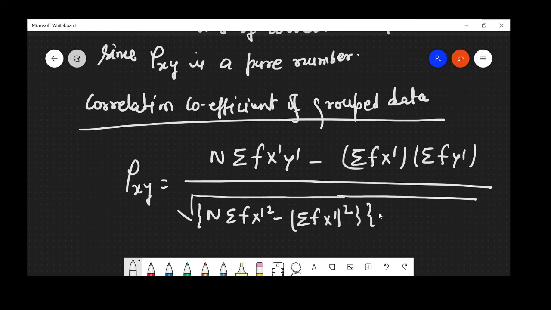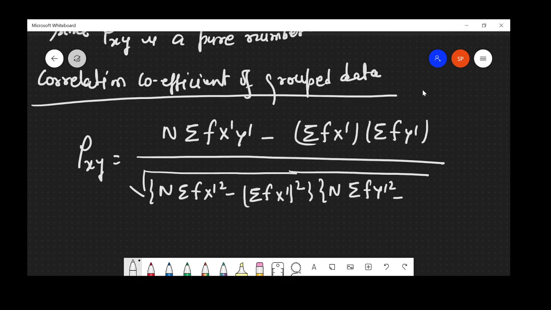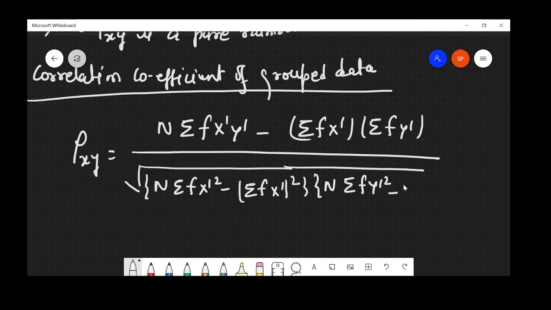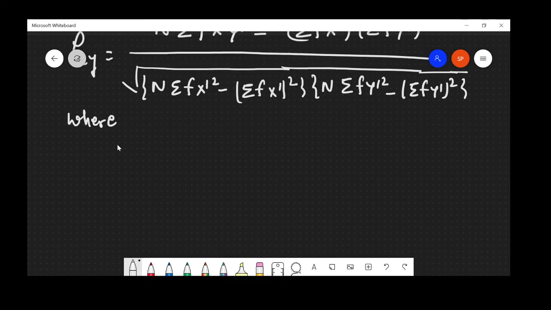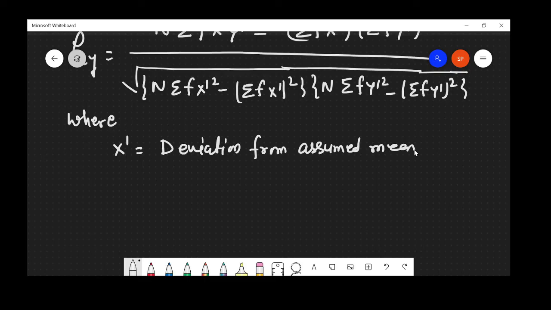and N summation of f y dash square minus summation of f y dash whole square, where x dash is the deviation from the assumed mean of x, equal to x minus a.